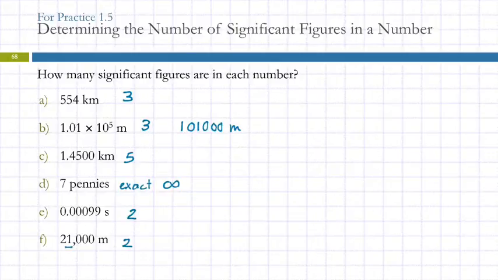So this would be plus or minus 1,000. So this is implying a range of 20,000 meters to 22,000 meters. Does that make sense? It's really more of an estimate.